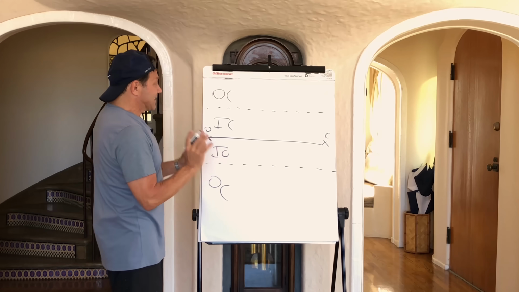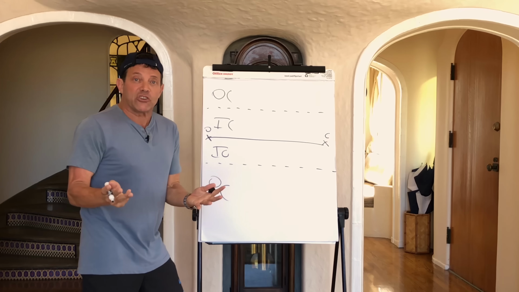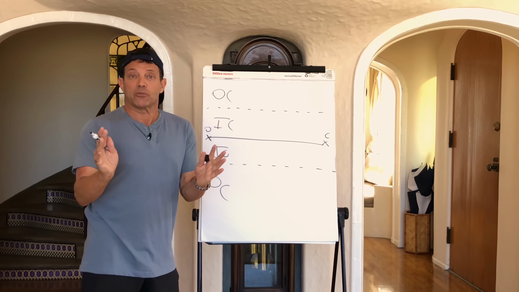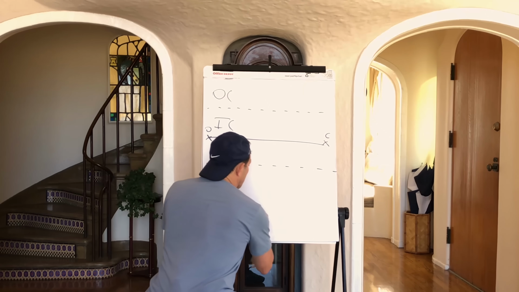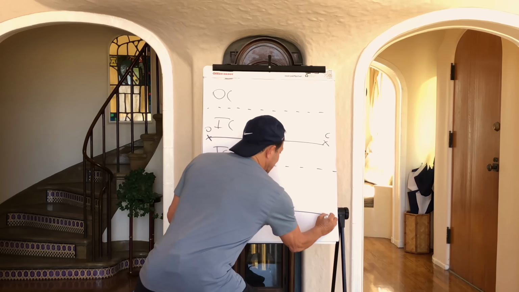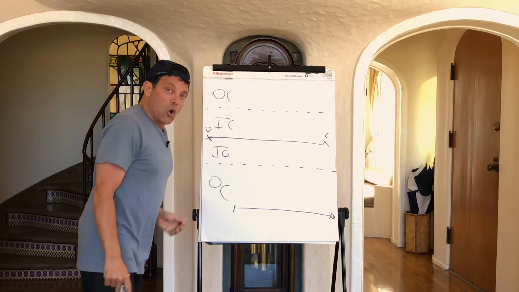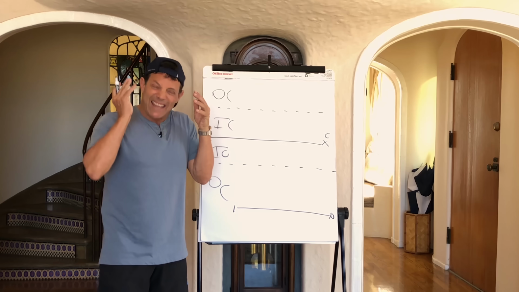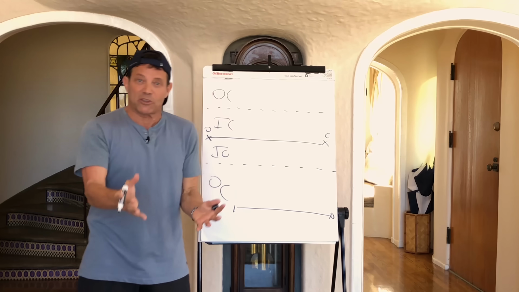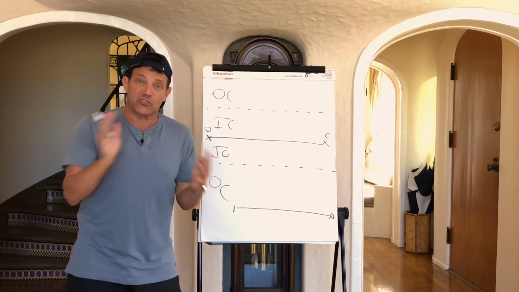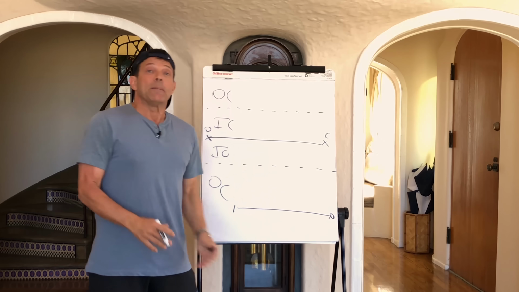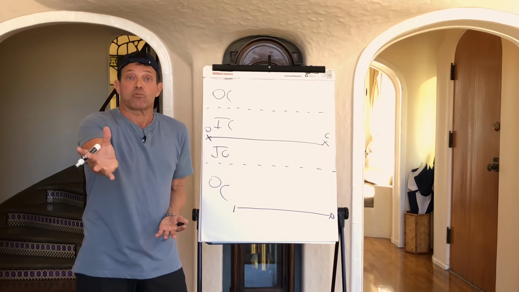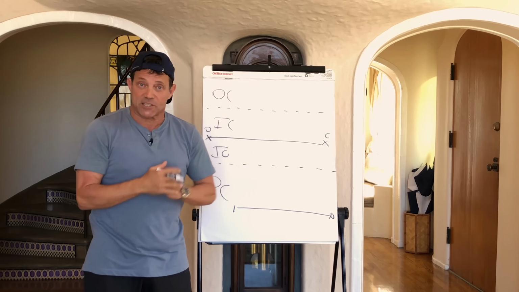Now watch what happens. At the beginning of the sale, I want you to imagine a continuum of certainty. This is a 1 and a 10, straight line, a continuum. 1 means the client thinks your product is a total piece of crap. He hates it. It's the worst thing in the world. And a 10 means the prospect loves your product, thinks it's awesome, the best thing since sliced bread, right?